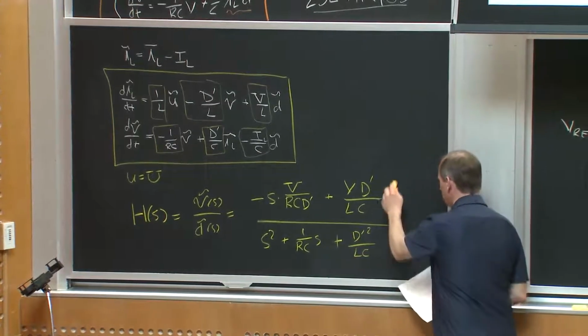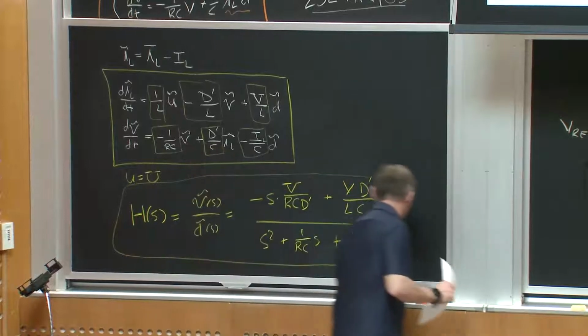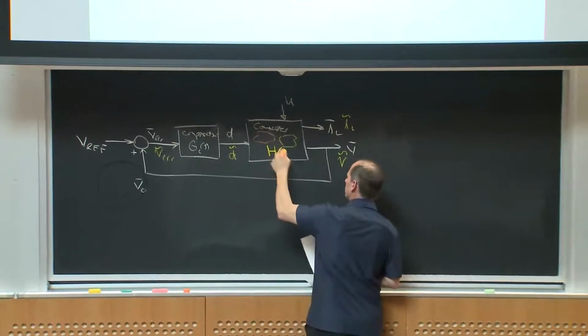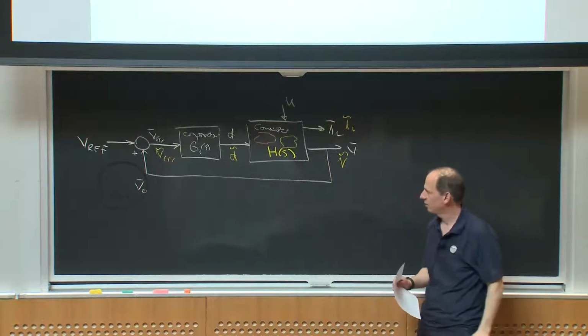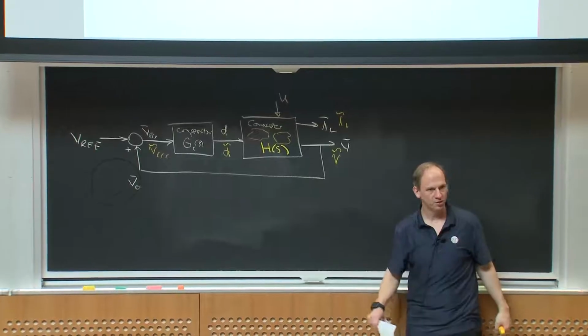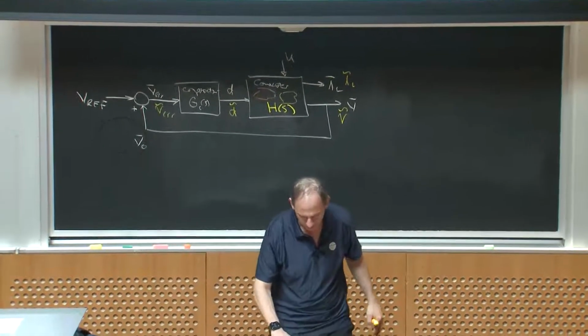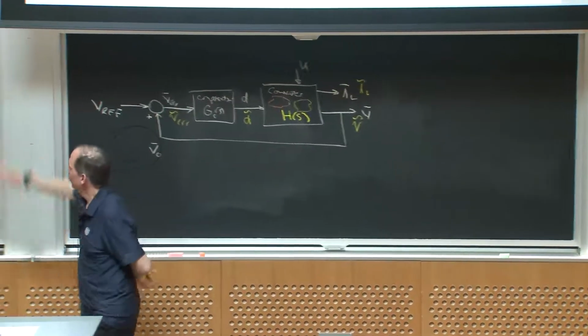Okay? So this is now a transfer function, and I can just stick H of S in here and get my transfer function from D tilde to V tilde, and now I'm in a position to do control design. Okay? Before I move on, are there any questions about any of these steps?